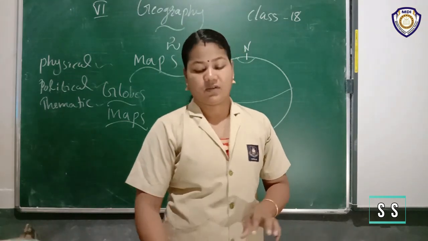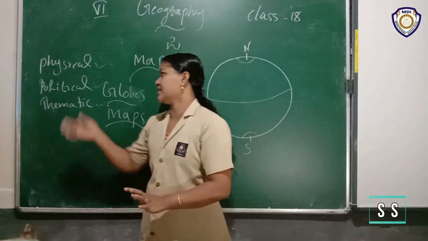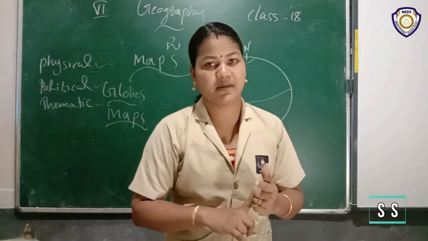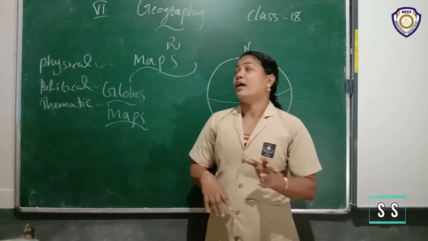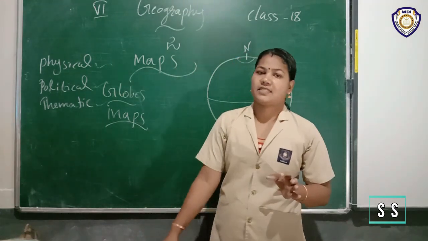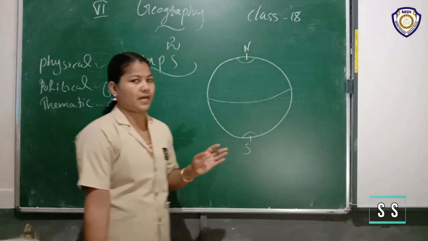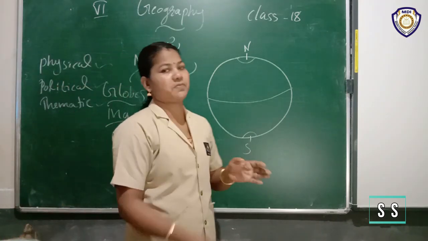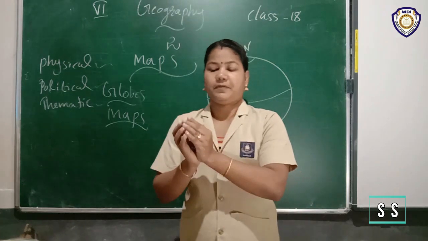Is it clear? Okay, I repeat. Now we discussed that there are mainly three types of map: physical map, political map and thematic map. Today we discussed a new chapter, that is maps. In the introductory part, we discussed the difference between a globe and a map.